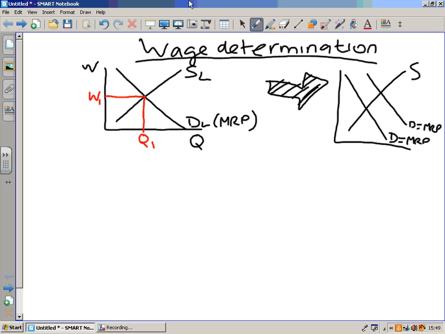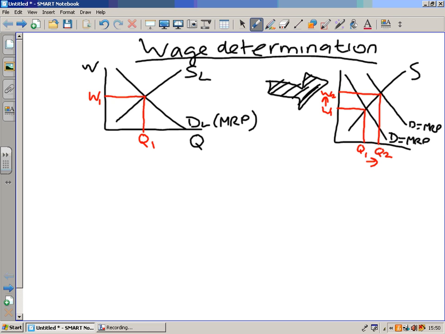Okay, now what we can see in this diagram is that as demand increases, wage rates grow and the number of people employed increases. What can affect this? Well, it's the factors that we mentioned in the last presentation. If people's MRP goes up, so maybe because workers become more efficient, they can generate higher profits for their businesses, more people will be employed.